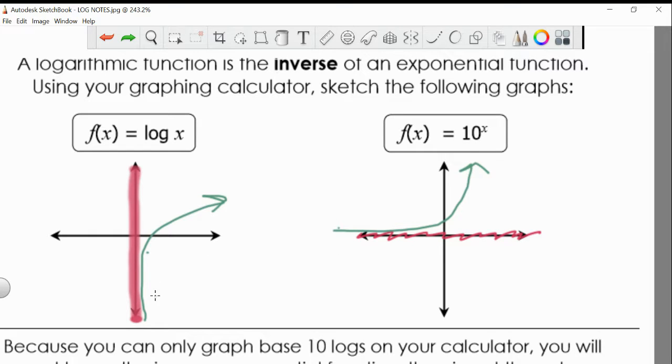This graph is growing extremely fast at first, and then it's going to start to cool off once it goes up. Whereas this graph is going slowly at first and then extremely fast second. So it is kind of like a reversed order of whether you're going up and then right or right and then up.